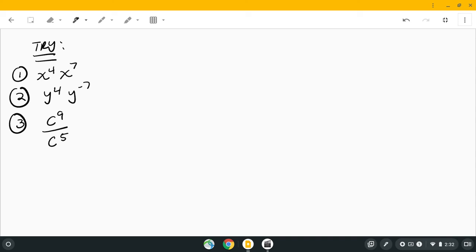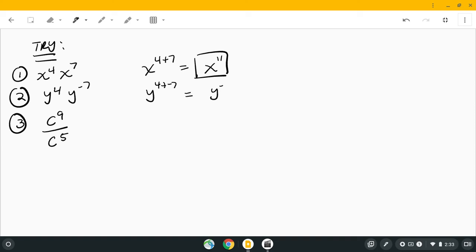Okay, so this first one here, we are going to add the exponents. So you should have gotten x to the 4 plus 7, which is x to the 11th. Over here, there are different ways to do number 2. Here, you're going to add the exponents, so it's going to be 4 plus negative 7.